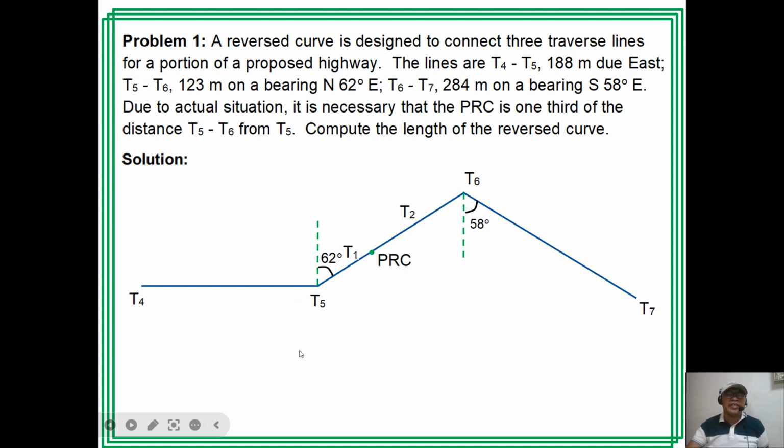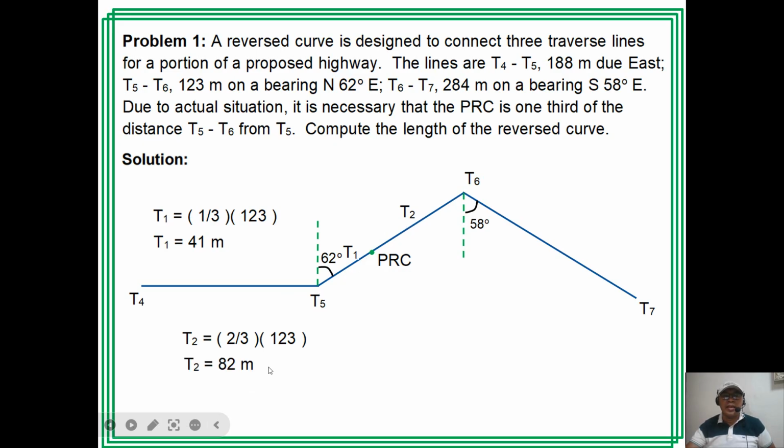So this is also T2. Since T5 to T6 has a length of 123 meters, we can solve for the tangent T1. This is one-third of 123, so this is equal to 41 meters. Also, we can solve for T2. This is two-thirds of 123, so T2 is 82 meters.